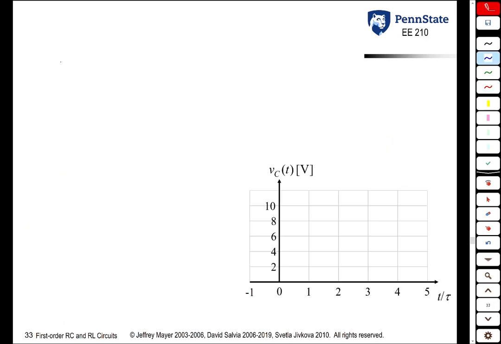We can now put everything together to find an expression for VC of t. It was 0 volts for t less than 0.